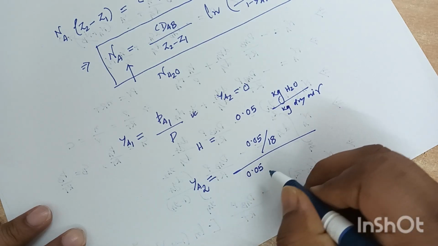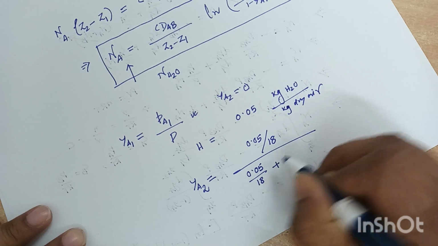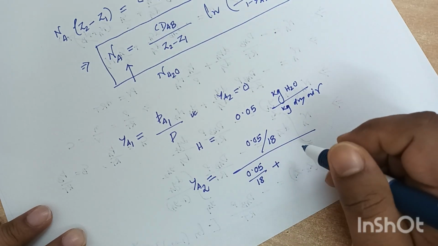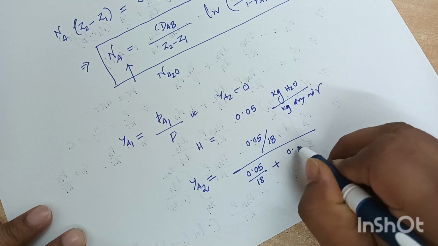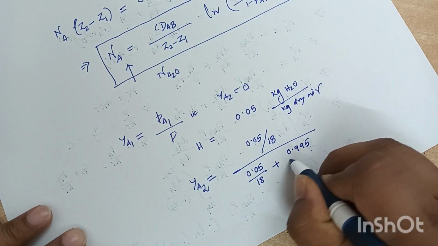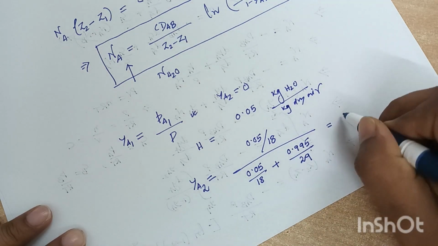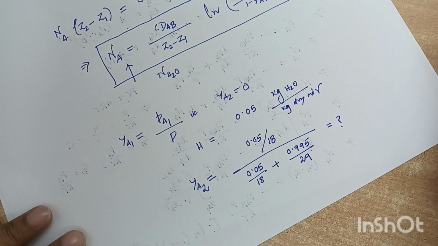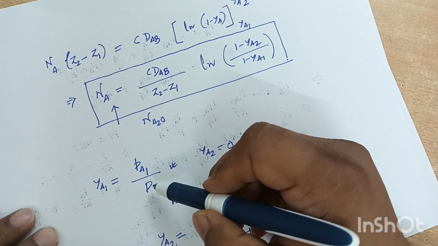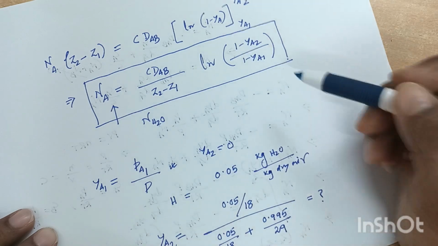So 0.05 for water divided by 18, plus the remaining amount will be air, so it's going to be 0.995 divided by the molecular weight of air. So you will have a value of ya2. ya1 you can easily find out, as I have explained earlier. Rest of the things are known, and you can find out the value of flux.